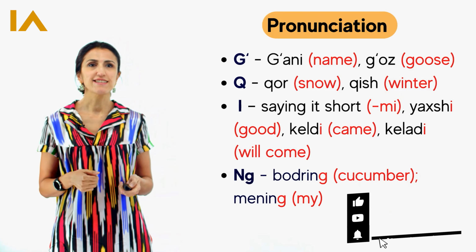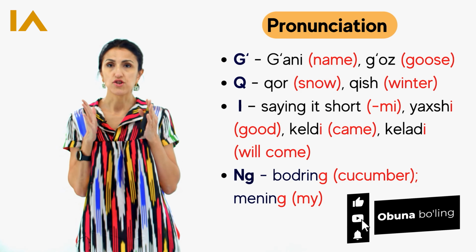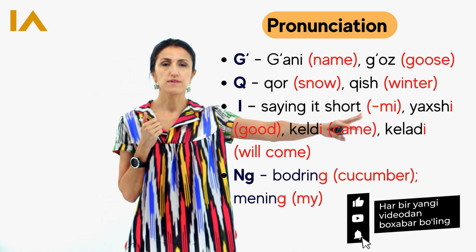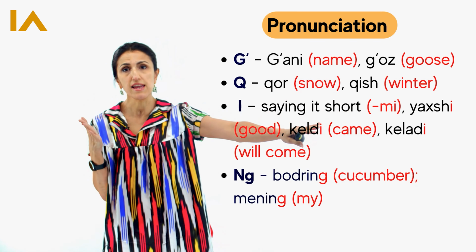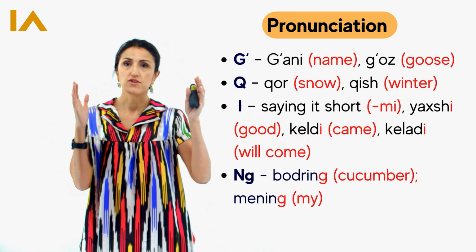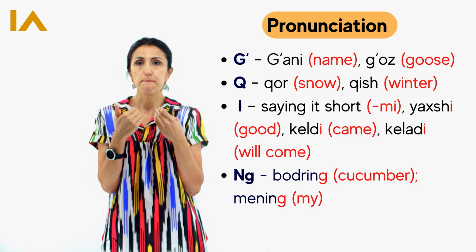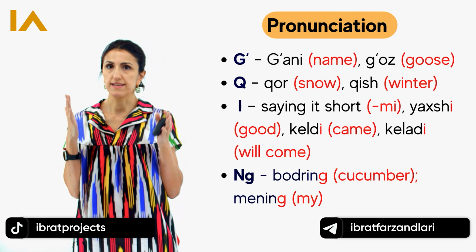Okay, the next in my list is I, and I mentioned that we usually say it short. I, like when we use the ending m, yaxshi m, siz, we don't say yaxshi mi, siz, right? It's just short I. Again, in pronouns, siz, biz, we don't say siz, biz, we say siz, biz.